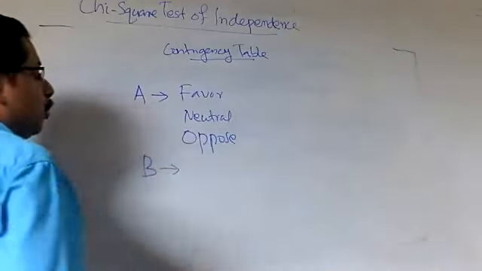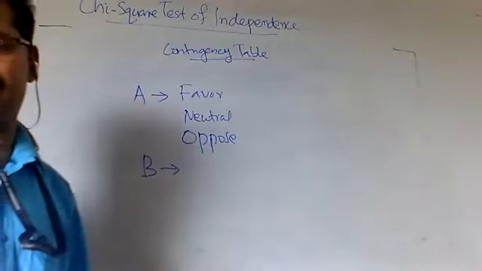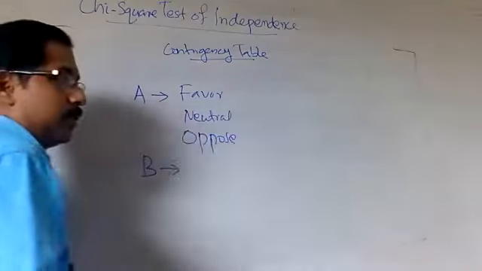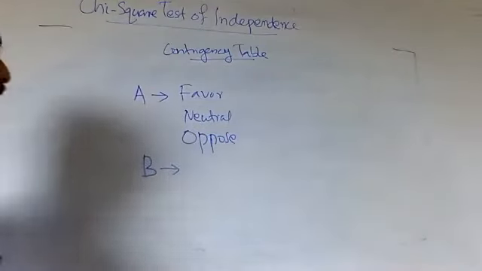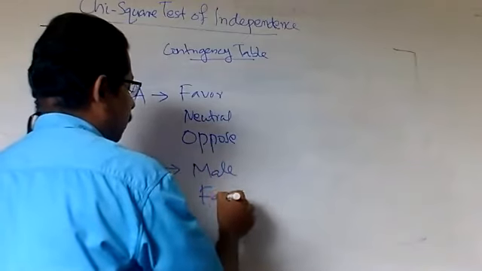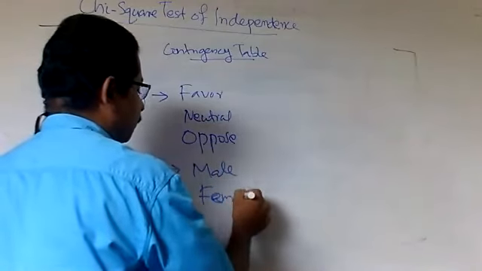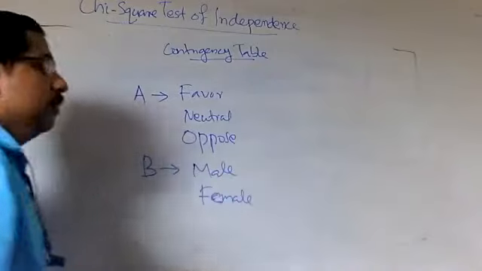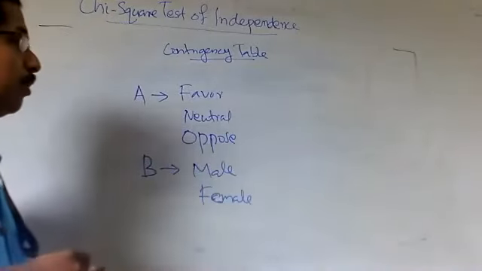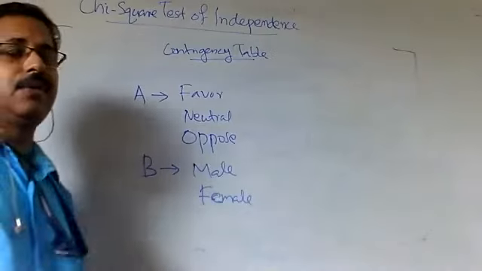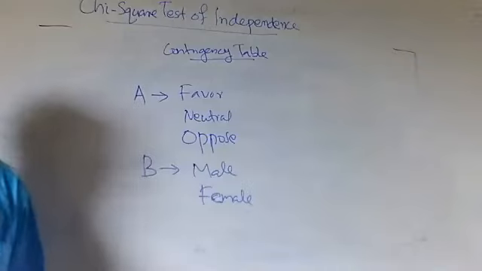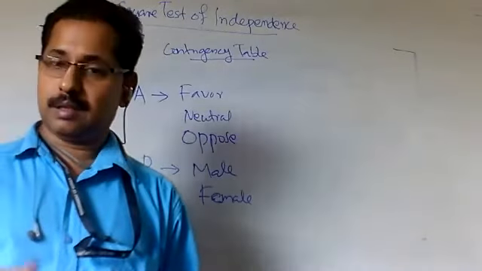The first attribute is the opinion in that particular survey, and for the second attribute I take the sex of the students. Suppose one category is male and another category is female. So you are analyzing the opinion of male students and female students against our question about online classes.